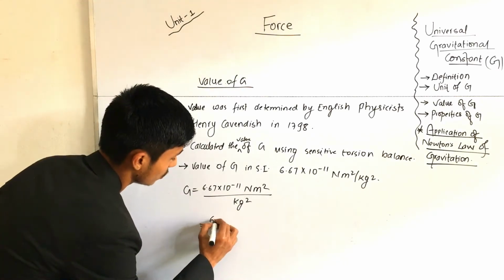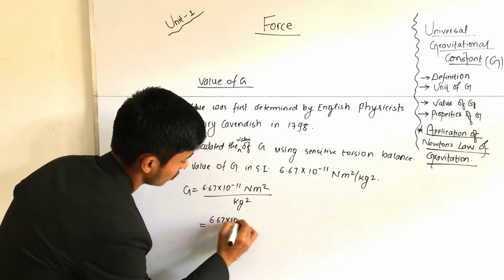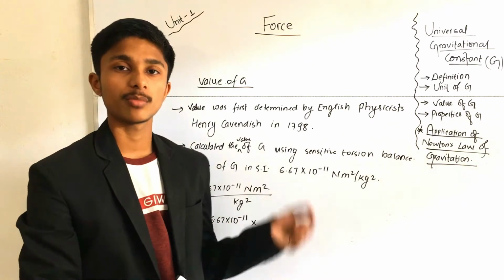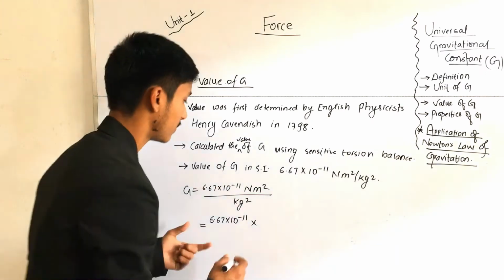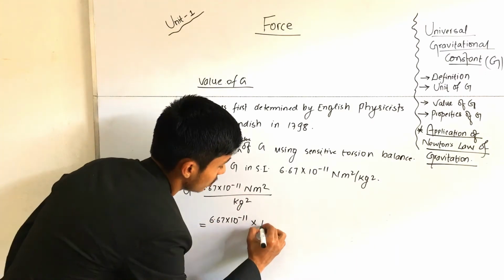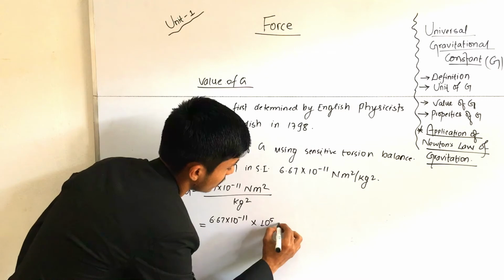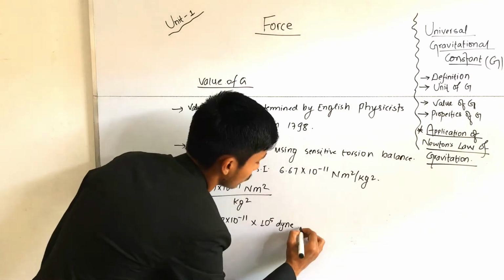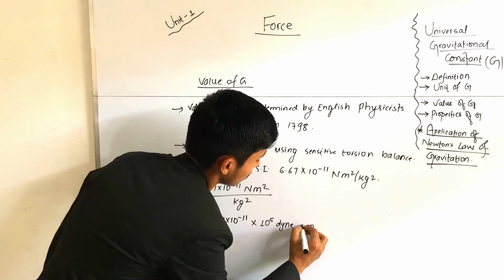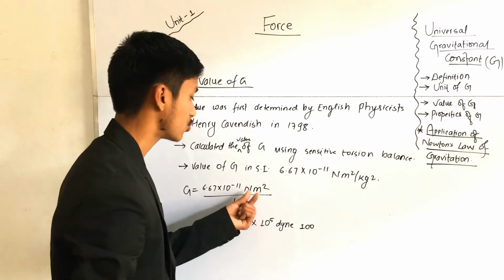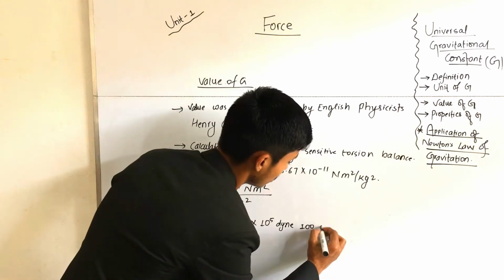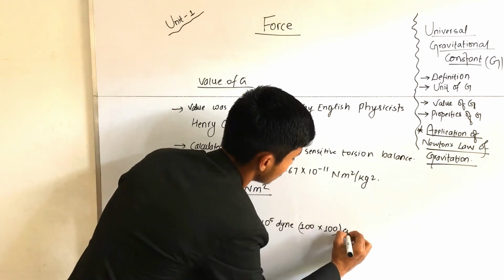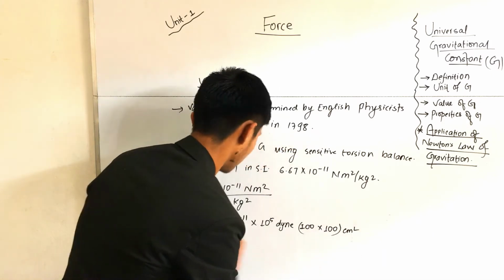So we know 6.67 into 10 to the power minus 11, and 1 Newton is equal to 10 to the power 5 dyne. And 1 meter is equal to 100 centimeter, so the square of this will be 100 into 100 in centimeter square.